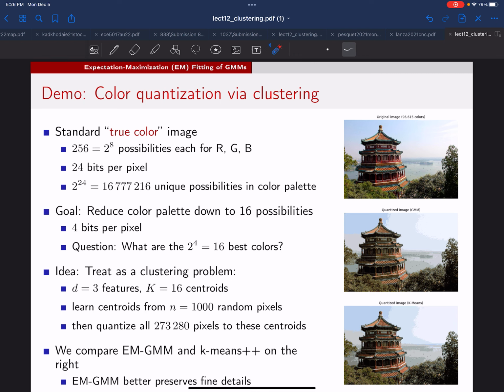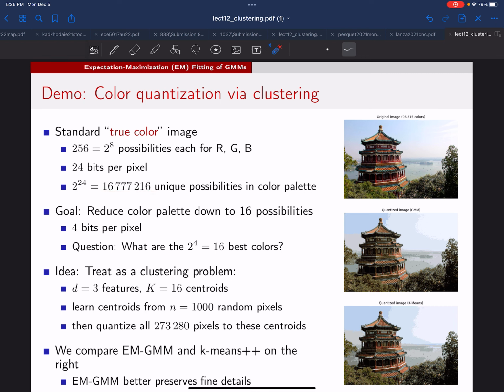So for each pixel, there's 2 to the power 8, or 256 color possibilities. Now, if you think about the 3 of them together, they have 24 bits per pixel of color. And 2 to the 24th is 16 million different color possibilities for these true color images. So each pixel is one of almost 17 million different colors.